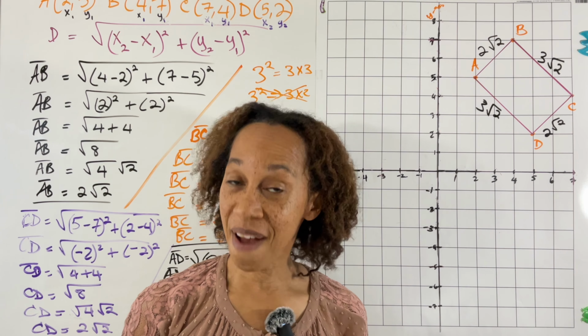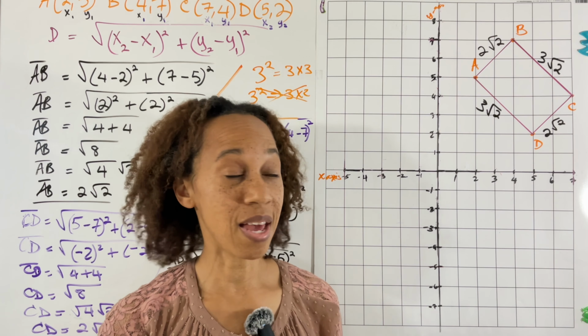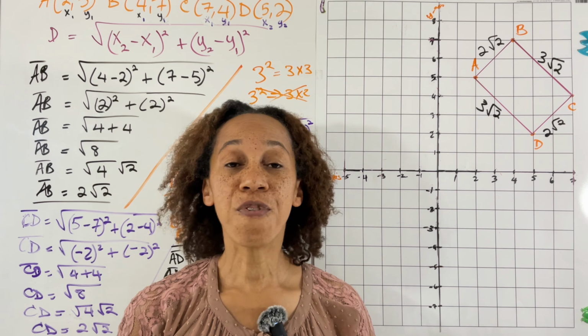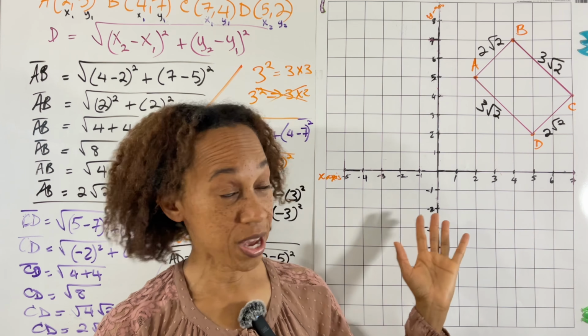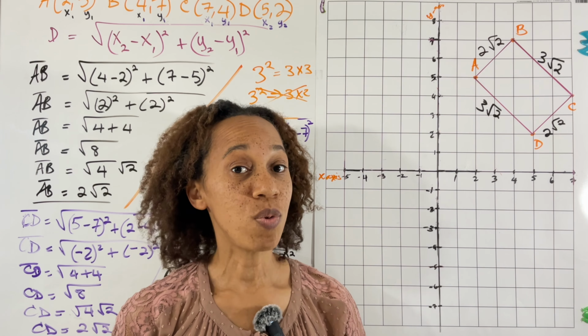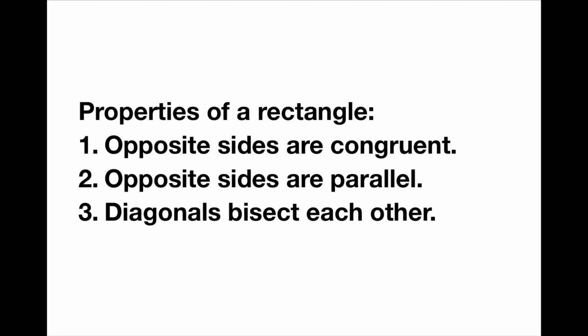Therefore, we are finding the perimeter of a given figure like this, which is actually a rectangle, which means that opposite sides are congruent and opposite sides are also parallel to each other. That's the property of a rectangle.